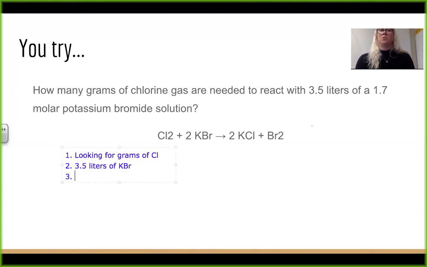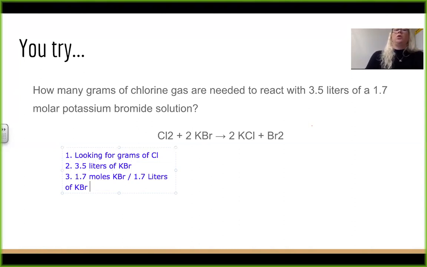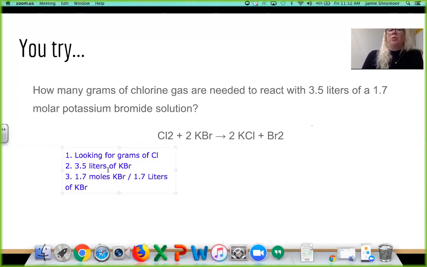We also know from the molarity that we have 1.7 moles of potassium bromide to 1 liter of potassium bromide. You want to write those two things as separate ideas here, because they're telling us the amount of liters we have, but we also know the molarity, and those are two separate ideas, especially when we're setting up our stoichiometry equation.